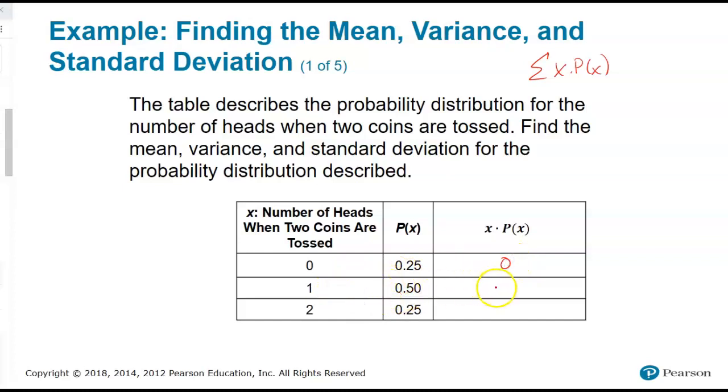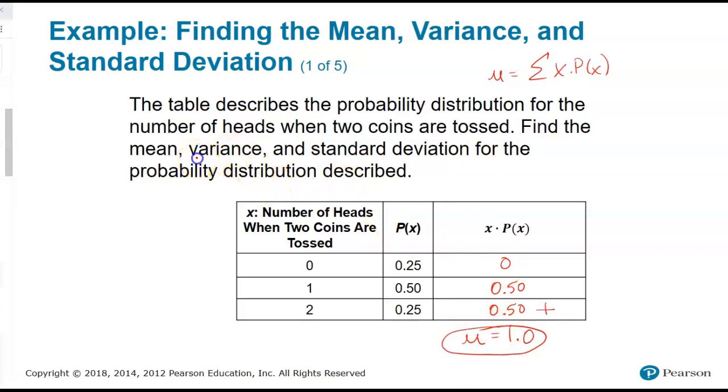Here I get 1 times 0.5 is just 0.5. 2 times 0.25 is 0.5. Okay, so I did this part. I did x times p of x. Now I've got to take care of the summation part. So I'm going to sum these all up, and I'm going to get 1. And that is my mean. Okay, so this would be the mean for this problem.